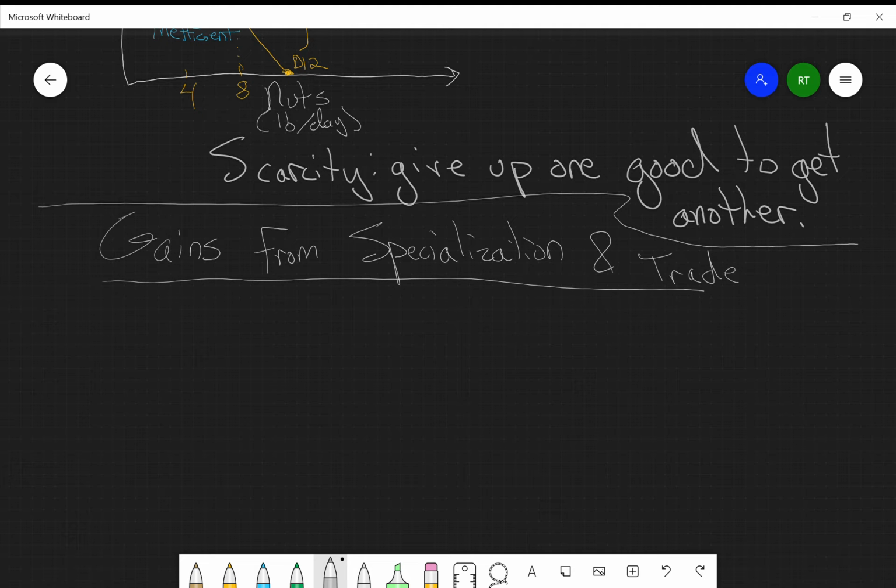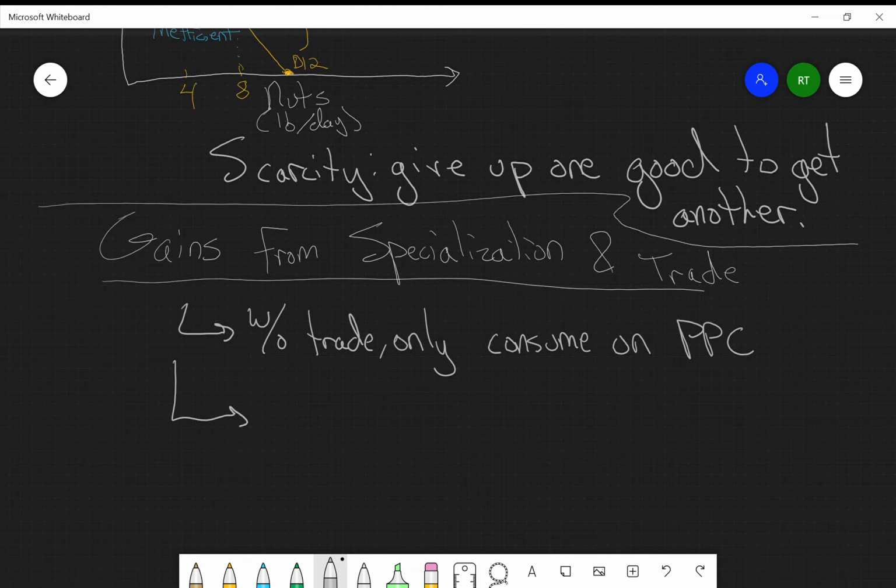So without trade, you can only consume along your possibility curve. But when you have trade, you can then consume more than you create, so more than your production or your output.